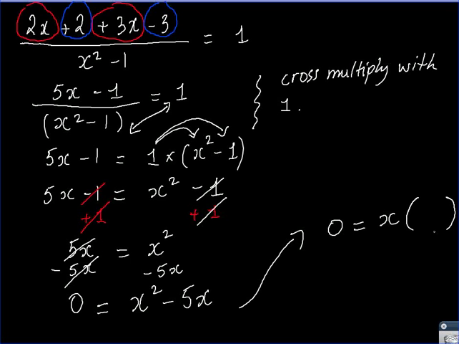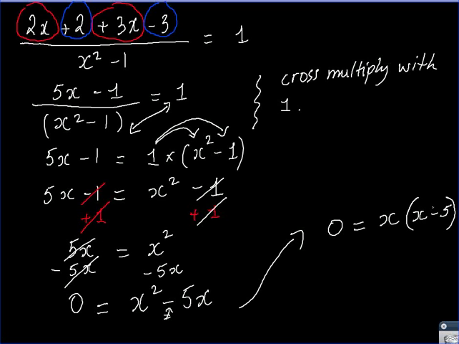Then I ask myself, x times what will give me the x squared back? In our case, it's going to be x. Then I'm going to put a takeaway, because here I had a takeaway. And then x times something is equal to 5x. In our case, it was 5.